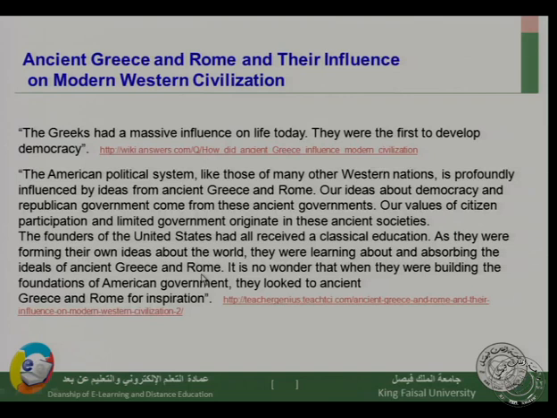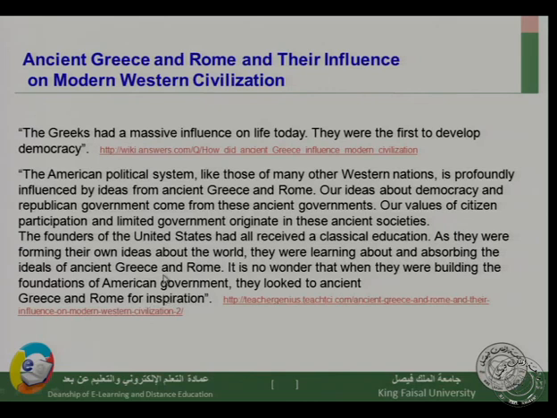It is no wonder that when they were building the foundations of American government, they looked to ancient Greece and Rome for inspiration.